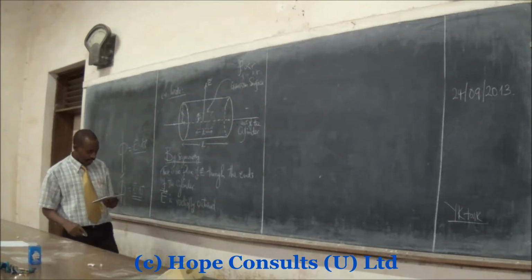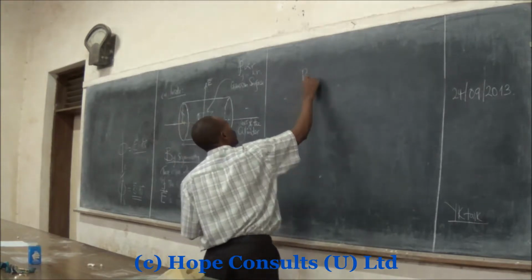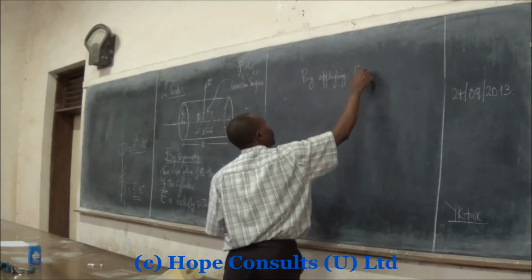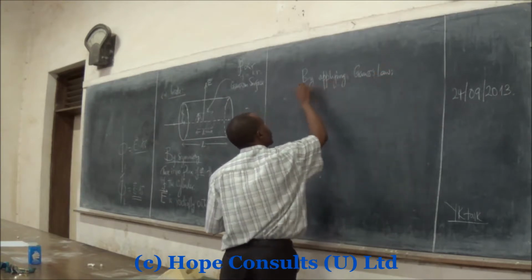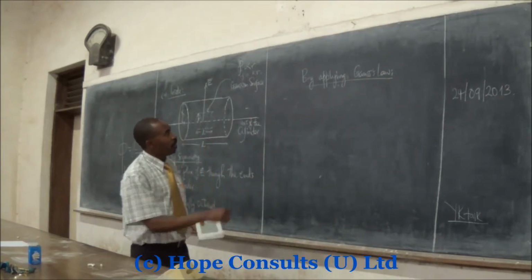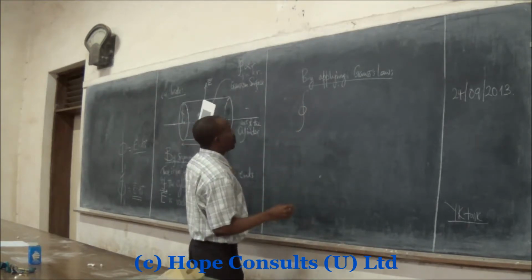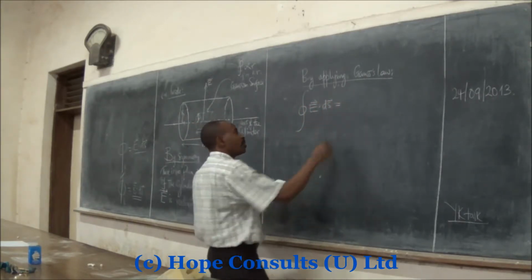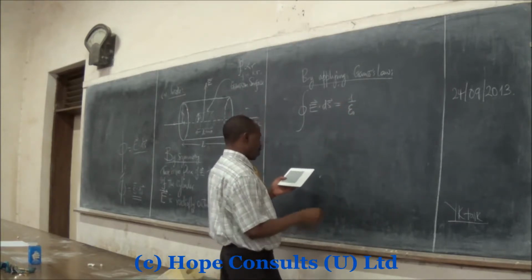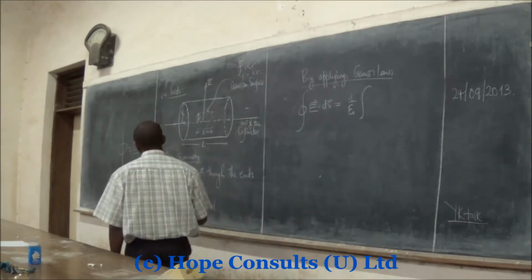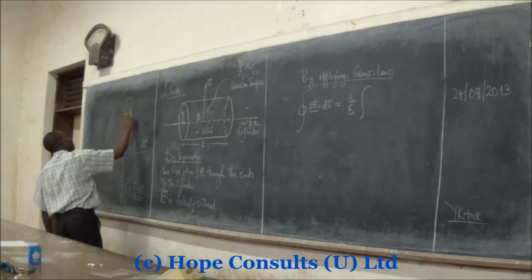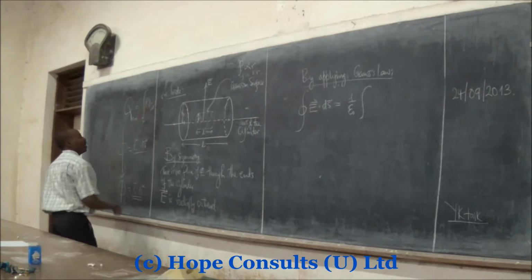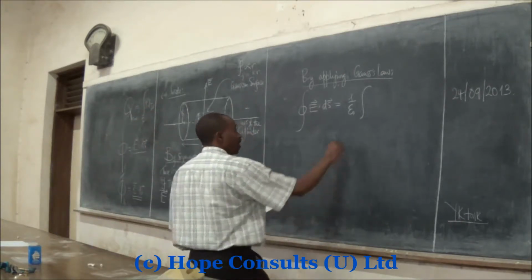So by applying Gauss's law, the integral over the closed Gaussian surface S of E dot ds would be the same as the total enclosed charge over epsilon naught, and the total enclosed charge Q enclosed is the integral over the volume tau of rho d tau.